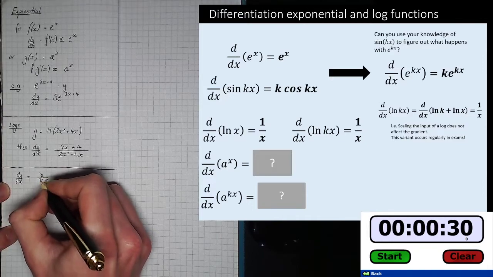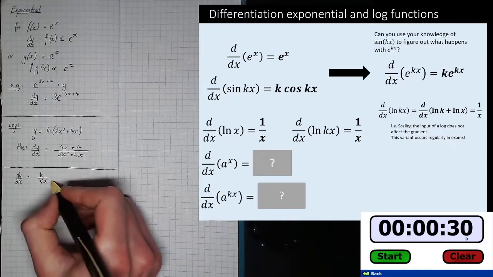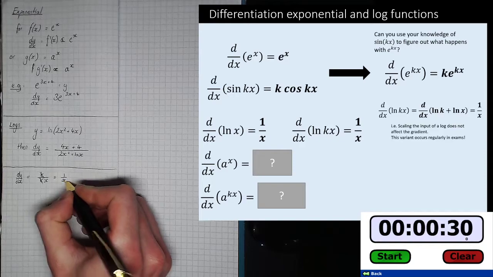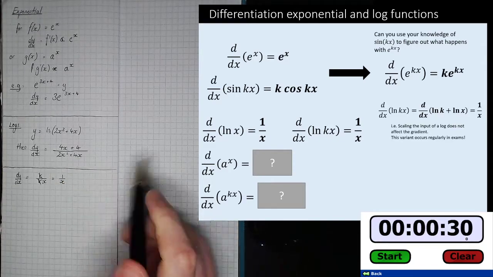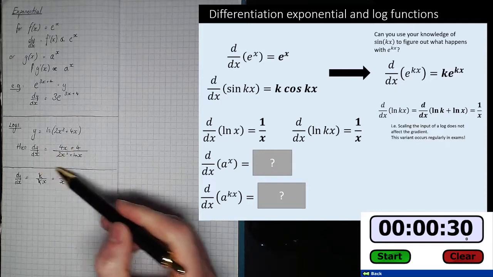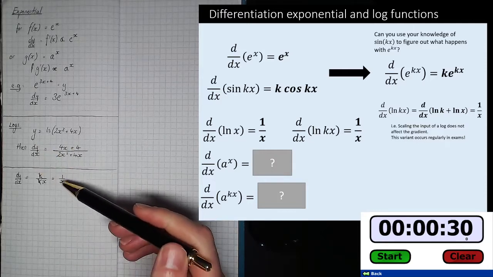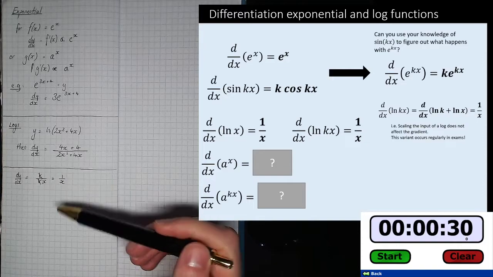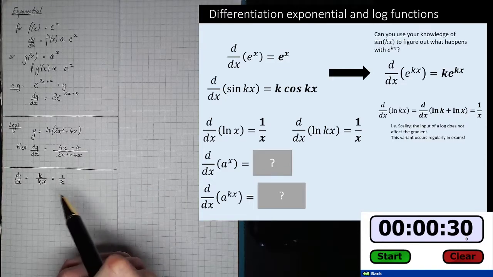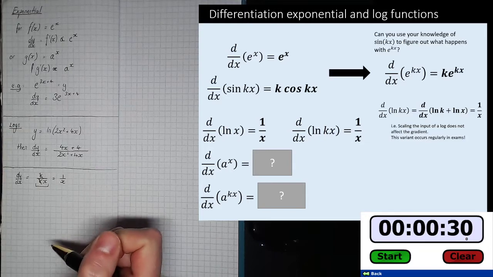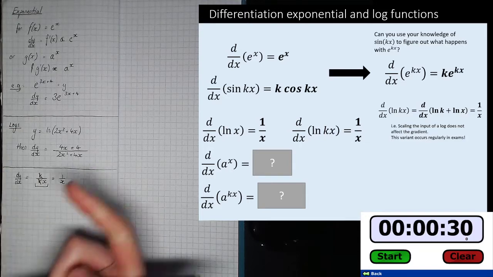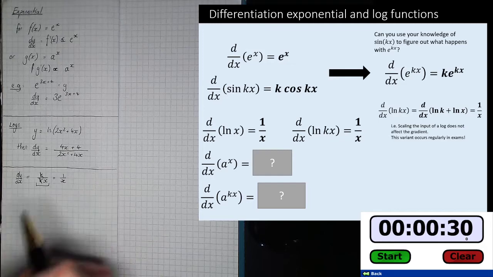Okay, and the two constants would cancel each other out, so we're just left with 1 over x. It's important to note that if you just got a number times your variable inside a ln, those constants will cancel each other out. Even if you get to this stage, that is still useful because you can still recognize that the constants will cancel each other out.